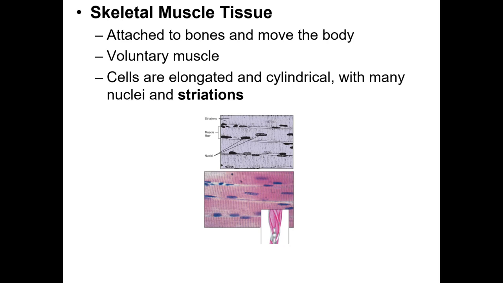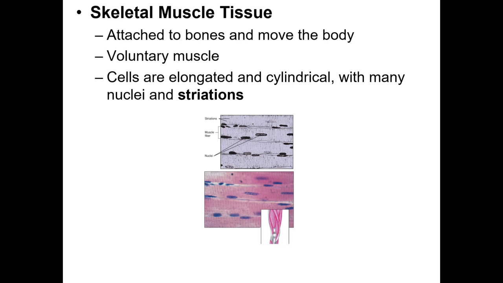Your cardiac muscle and your smooth muscle is involuntary. You do not have to think, I want my stomach to contract. You do not have to think every minute of every day, heartbeat, heartbeat, heartbeat, right? Those muscles are involuntary. Skeletal is not.